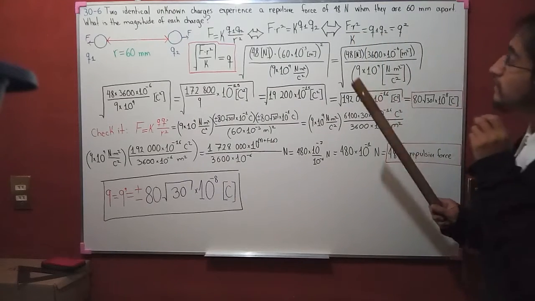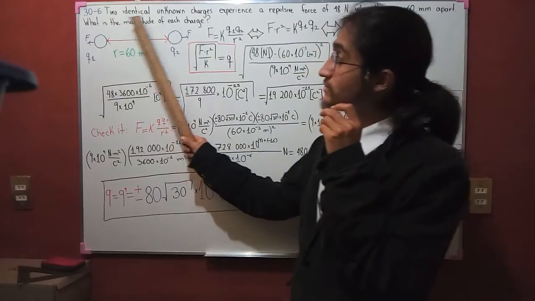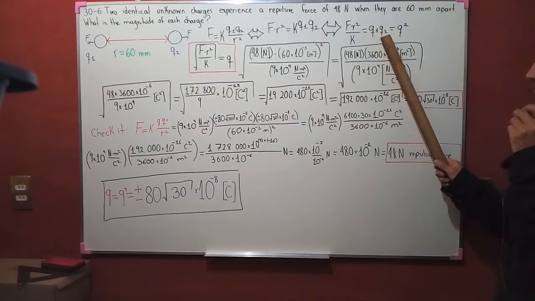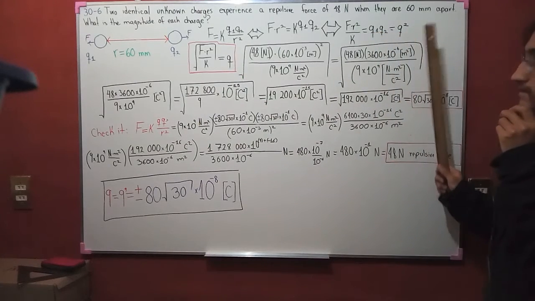But the electrical charges are identical, so Q sub 1 multiplying Q sub 2 is equal to Q squared because they are identical.